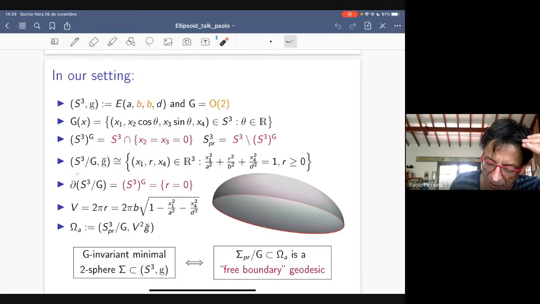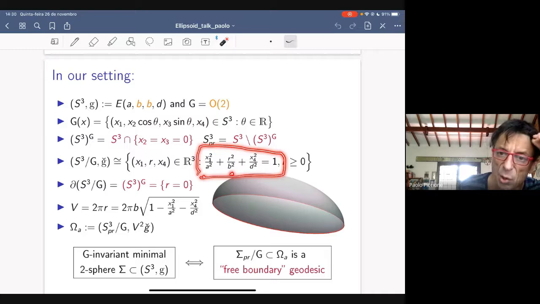this is now a two-dimensional object. So you have a three-dimensional manifold and you have a one-dimensional group acting on it. The quotient is this two-dimensional manifold, which is in fact diffeomorphic to the upper part of this ellipsoid. Now this is really an ellipsoid in R3, okay? This is the ellipsoid given by this equation here.